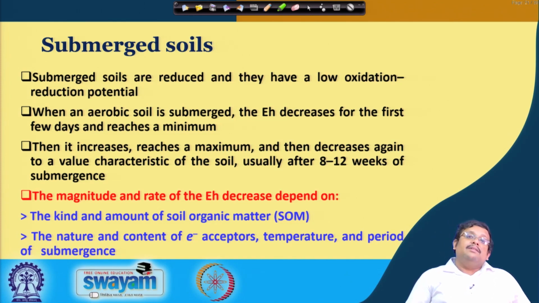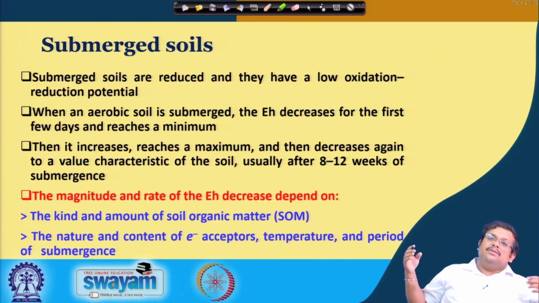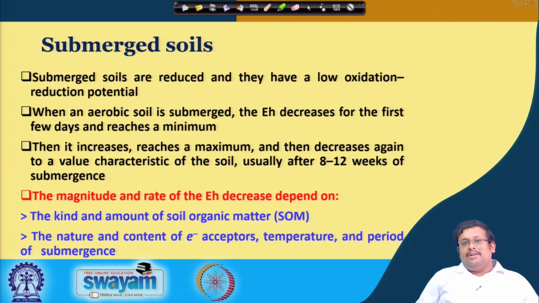Now, in case of these anoxic soils, the redox potential generally goes below 0, as you know it is negative. Now, when an aerobic soil is submerged, the EH decreases for the first few days and reaches a minimum. So, you will see a typical kinetics of the EH change when you submerge a previously aerobic soil.